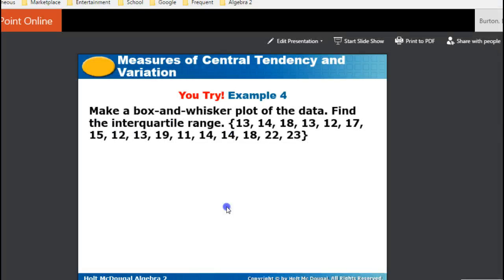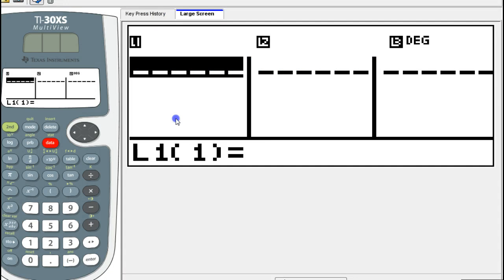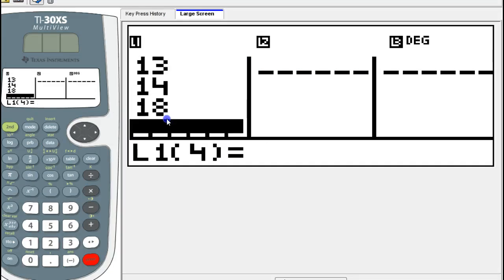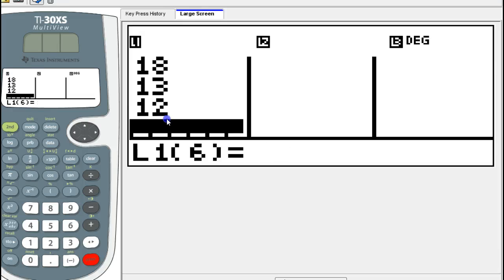Just so I don't have to switch back and forth, Destiny, will you get ready to read me these numbers? You can just read them to me like they are on the paper. They don't have to be in order or anything. 13, 14, 18, 13, 12, 17, 15, 12, 13, 19, 11, 14, another 14, 18, 22, and 23.